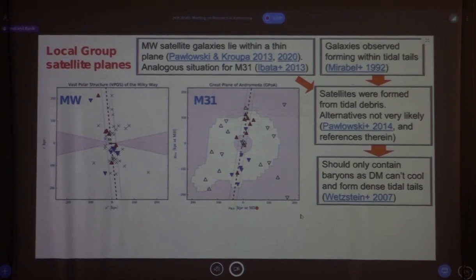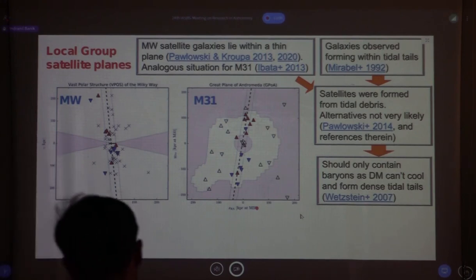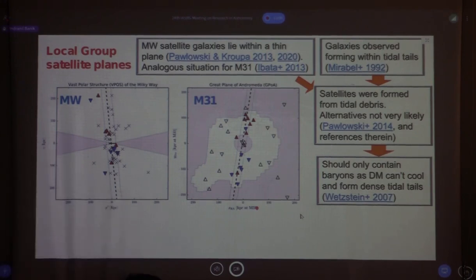Basically, you can get a plane of satellites out of this tidal dwarf scenario, but if you think back to the image I was showing, the tidal tails will only contain baryons, because to form such a thin, dense tidal tail, you need dissipation, and the dark matter is dark, so it can't dissipate. So you have baryonic tidal tails, baryonic tidal dwarf galaxies, and that's all fine, but it would mean that the satellites of the Milky Way and Andromeda in the satellite planes have very little self-gravity.